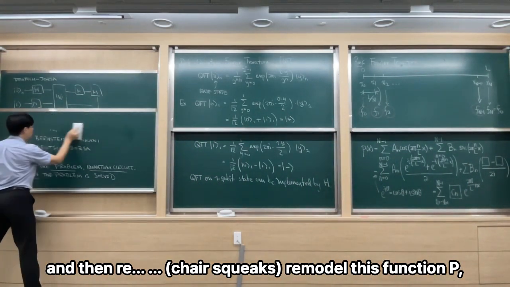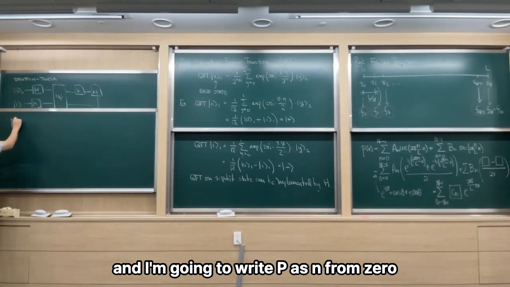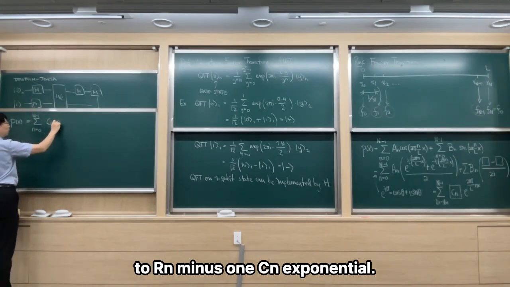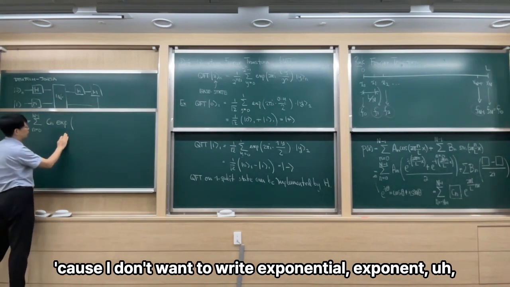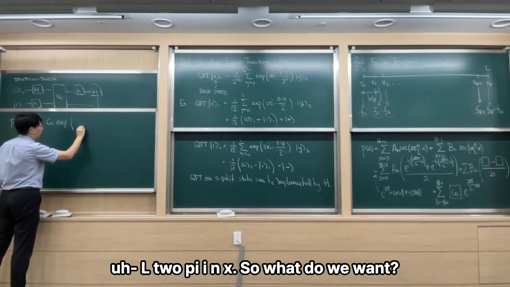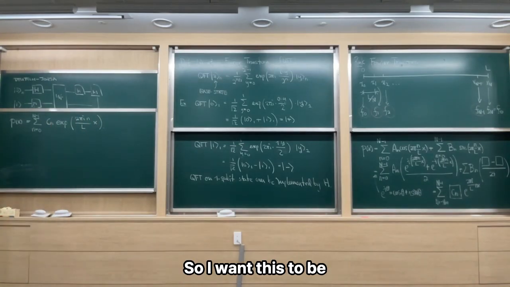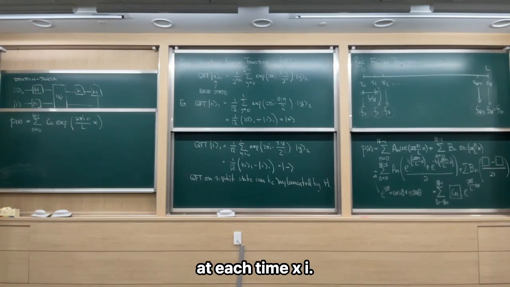Then I remodel this function p and write p as the sum from n equals 0 to n minus 1 of cn exponential. Let's write exponential this way because I don't want to write the exponent as a superscript every time. So we have 2 pi i n x over L. I want this to be the best predictor of my data measured at each time xj.